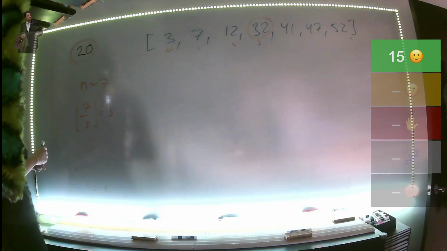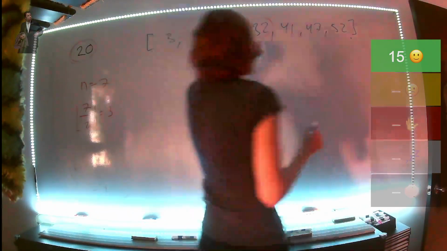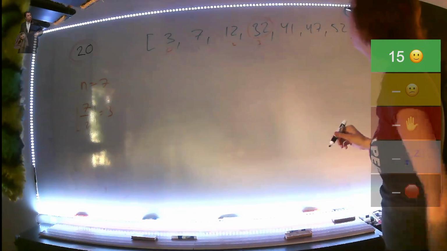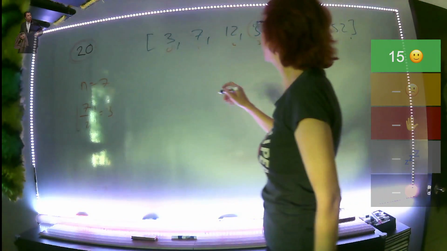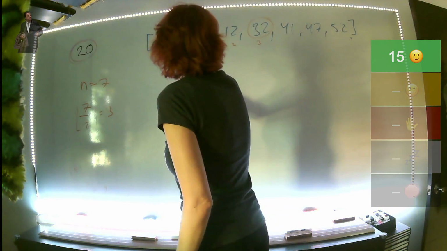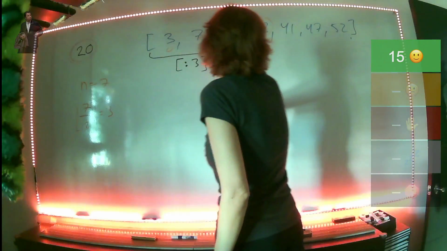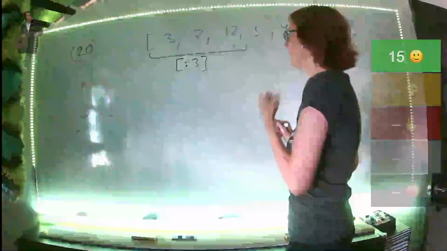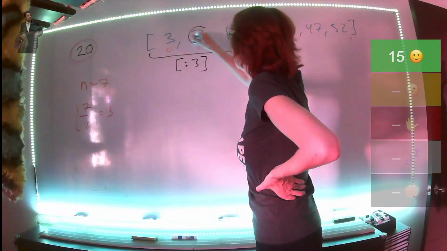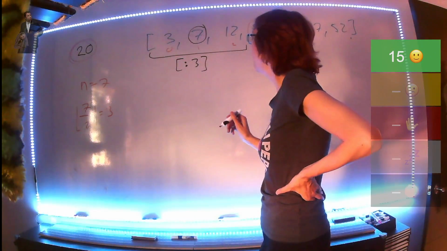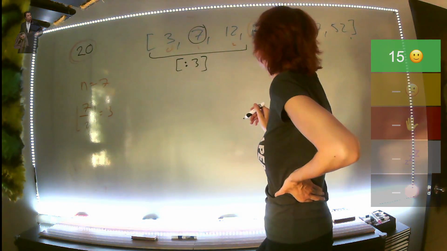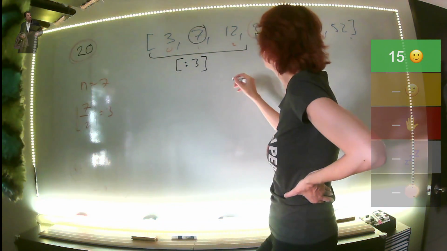First, I compare 20 with 32. It's smaller, so I'm only going to take the part from the beginning up to 3, not including 3. So I'm gonna get these. Then my middle element's gonna be the 7. 20 is gonna be larger than 7. So I'm going to search in just the 12.